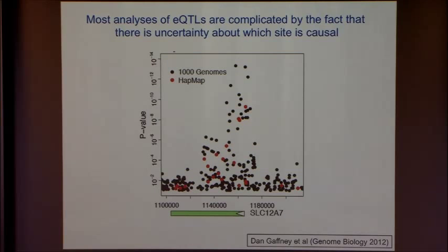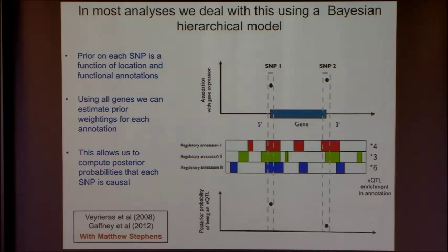To tackle this, a few years ago we developed a Bayesian hierarchical model. The basic idea is that we've got analysis at two levels. At the level of genes, we can measure the strength of association between SNPs and gene expression, and here the strength of association is measured as Bayes factors.